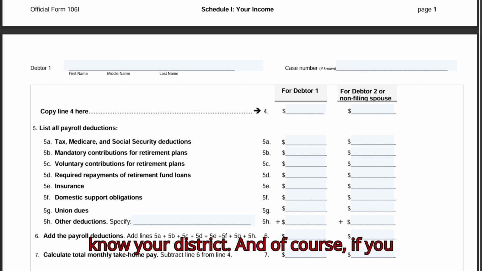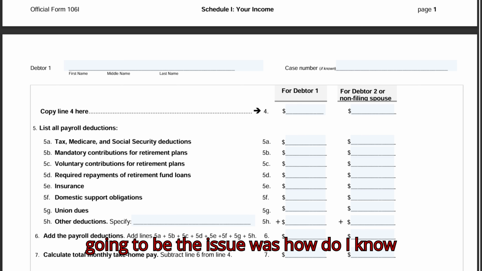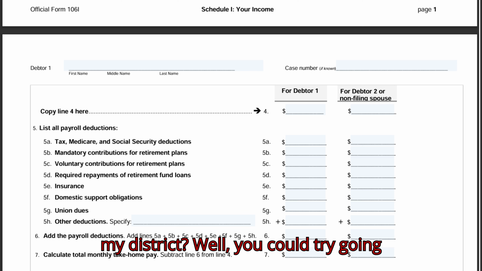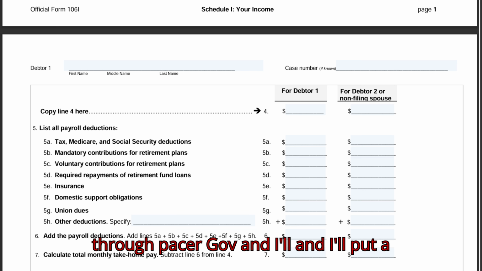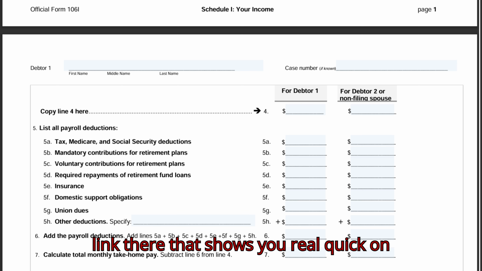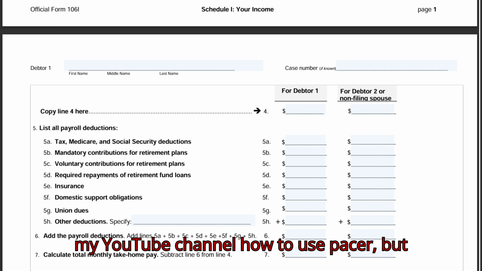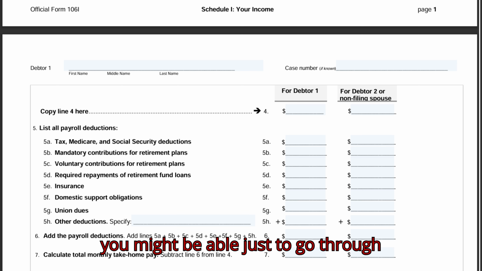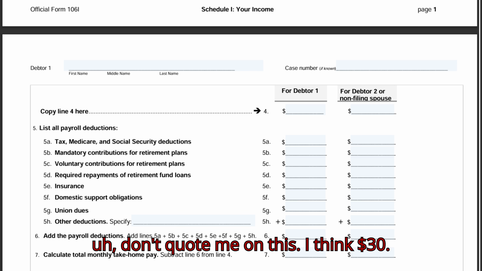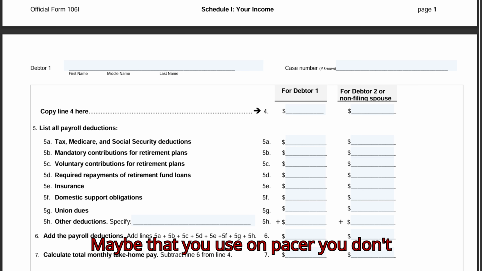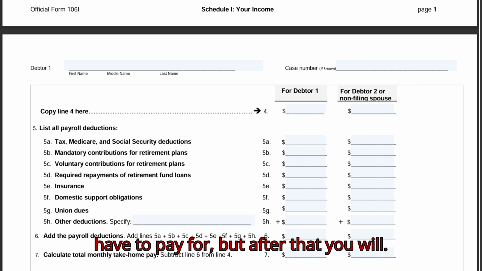And of course, if you never filed for bankruptcy before, that's going to be the issue: how do I know my district? Well, you could try going through pacer.gov, and I'll put a link there that shows you real quick on my YouTube channel how to use Pacer. But you might be able to just go through prior attorney filings. Now, don't quote me on this, I think the first $30 maybe that you use on Pacer, you don't have to pay for, but after that you will.